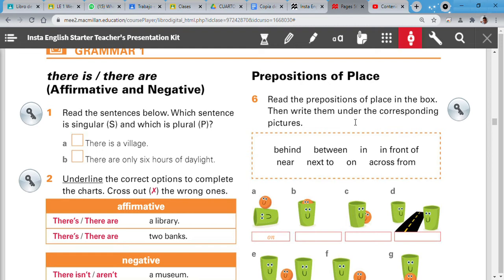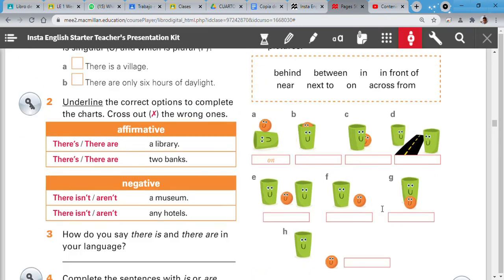Now, there is no ball, but there are 2 glasses. And there is a road. It's like the Panamericana, no? And what is the correct preposition of place? Across from. Letter D, across from.